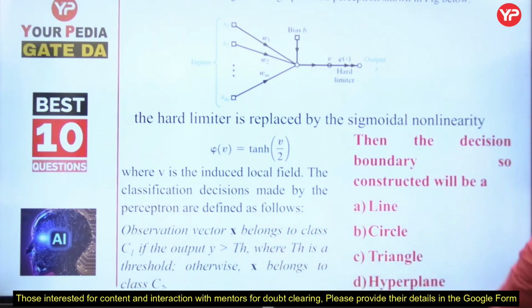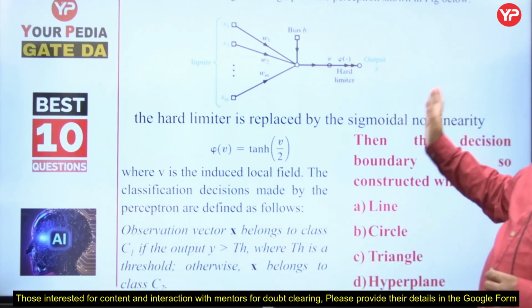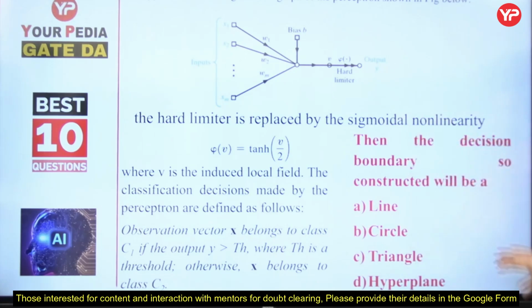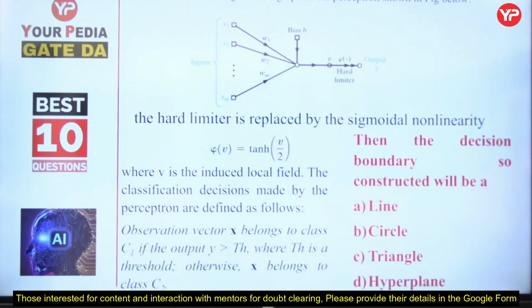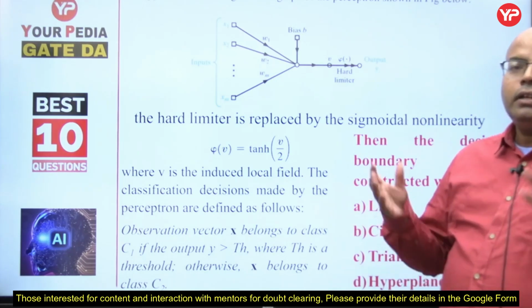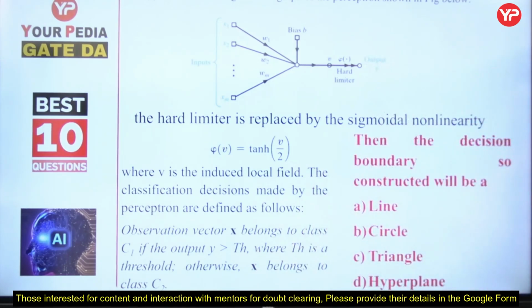Otherwise X belongs to class C2. If it's above the threshold, class C1, below the threshold, class C2. Now the question is, when we have taken this tanh of v over 2, what is the decision boundary: whether it is a line, circle, triangle, or hyperplane? So you can stop here and try to solve this question. It's about neural networks, perceptrons.